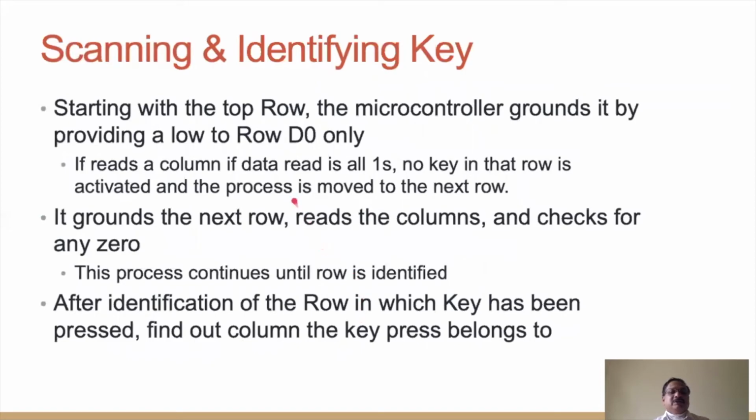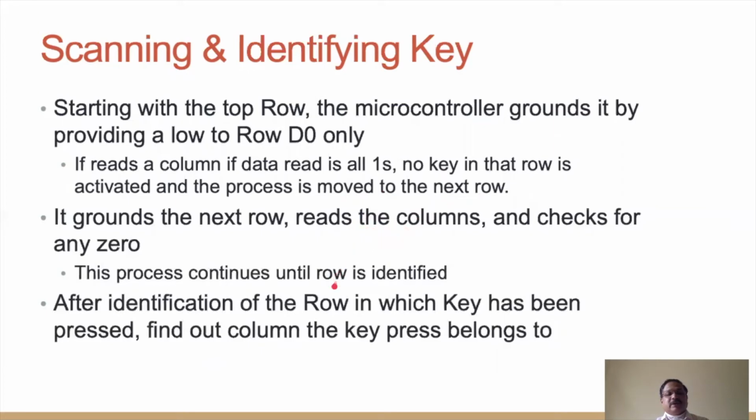The controller will start from the top row. The low will be outputted on the first row. Then it will read all the columns again. If it finds no key in that row is activated, the process moves to the next row. Like that, it will scan all the rows. Then it will send the 0 on the second row, read the columns, and check for the 0.